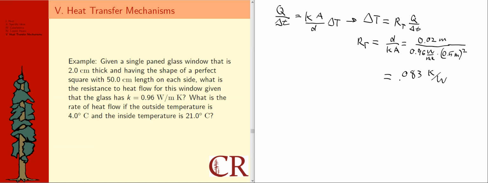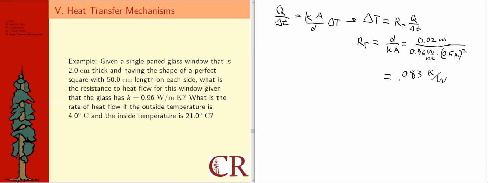And that makes sense based on the way we defined the resistance to heat flow from this formula, because to balance this, I'd want to have Kelvins on the left side equal to Kelvins per watt times watt, because a joule per second really is a watt. So that's the answer I'm going to provide for that part.